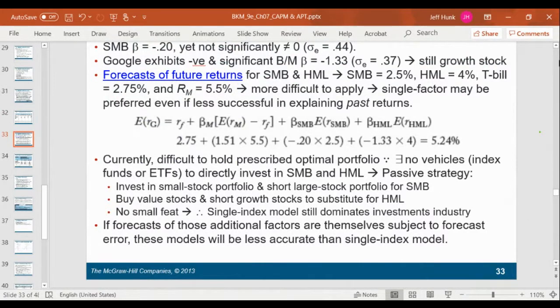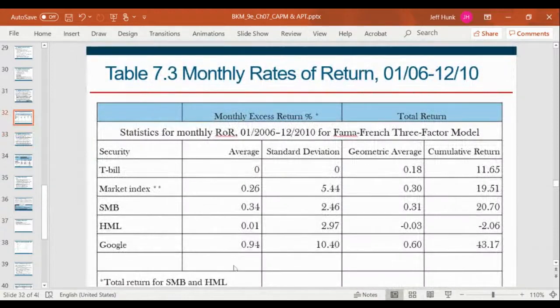Since I can't verify where they got the original data, I would have to go back to Google and find a small firm, large firm, high market value, low market value.